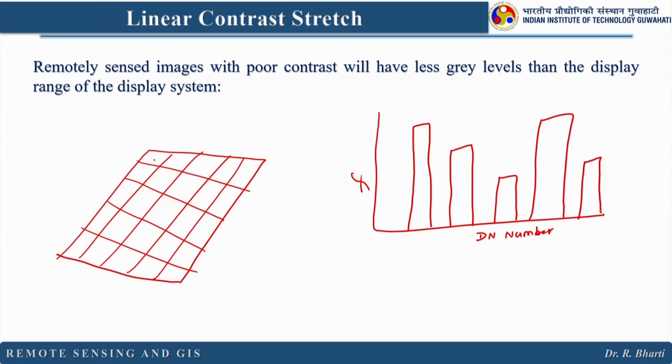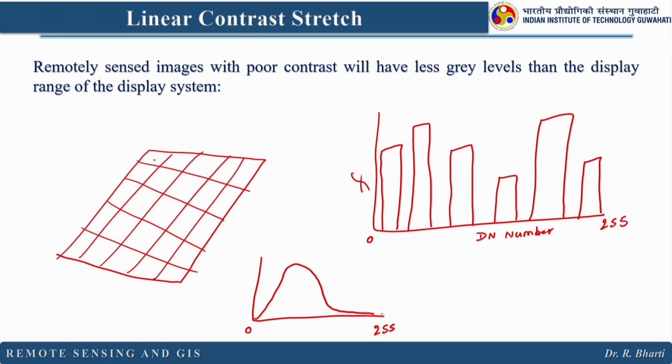But it is not necessary that the image will acquire the full range of the display system or the full range of the radiometric resolution. When you are using 8-bit data, this becomes 0 to 255. It is always seen in remotely sensed images that your histogram will be something like this, or it can be like this.